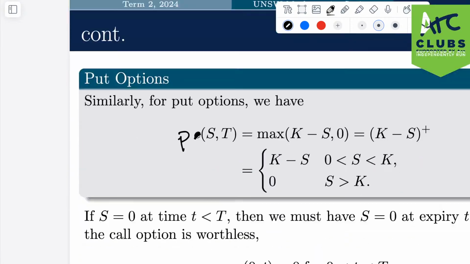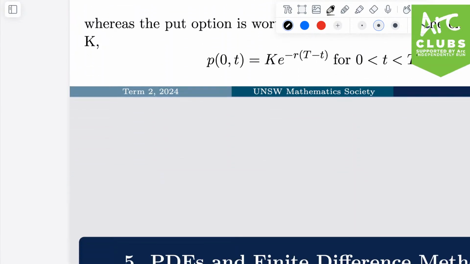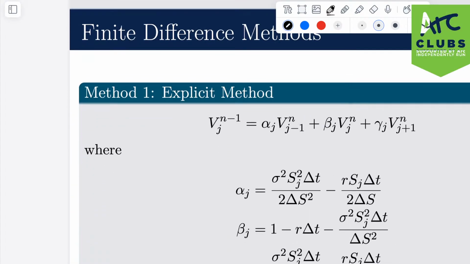But we are going to talk about some finite difference method in topic 5. So obviously the thing we want to know most is V_j at any time, at n minus 1 or n. So this is an explicit method, which means you can actually get an explicit solution. Again, in the lecture, he did spend a lot of time talking about why we can get an explicit solution.